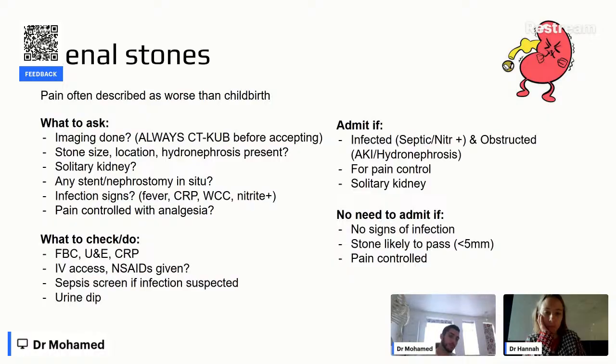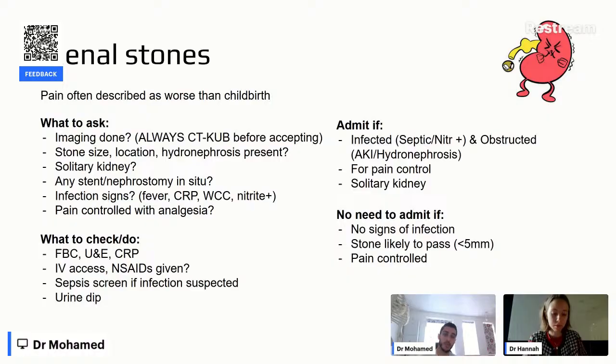Okay. If they're not in any pain, if it's just an incidental finding, and this is where it's important to make sure that you get a very good handover from A&E, because the patient could be coming in with, I don't know, calf pain or a new rash on their arm or shortness of breath or whatever. They do a scan and they incidentally find a stone, and suddenly they become a urology patient.